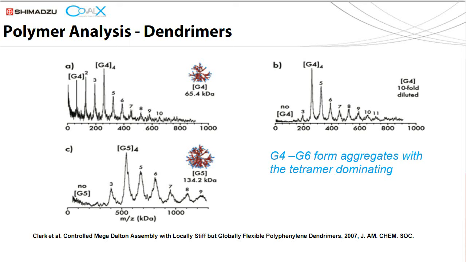For other dilutions, we were able to get cleaner separation of the tetrameric peaks, as shown in spectra B, with the tetrameric peak being the predominant peak at just over 260 kilodaltons. And then for the G5, even larger, above half a megadalton for the tetramer. The monomer of this was 134. These dendrimers provide very clean peaks that could be isolated for the different aggregates.